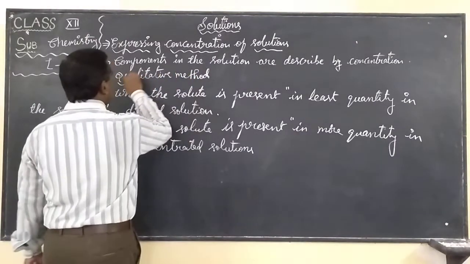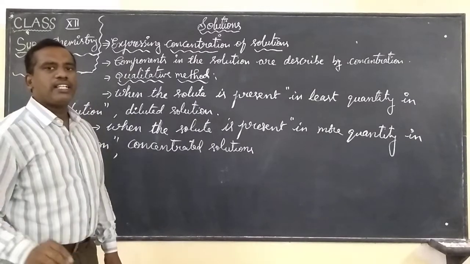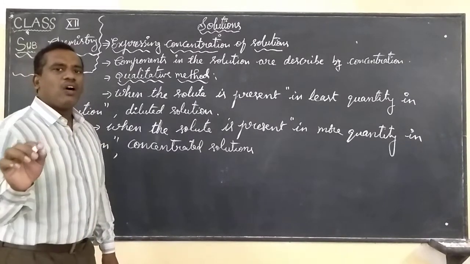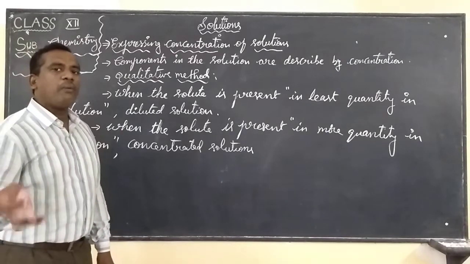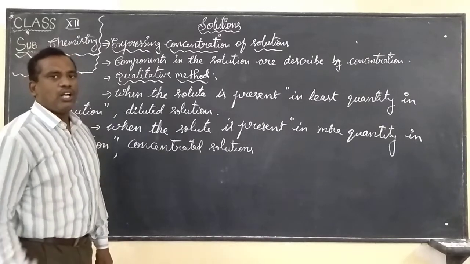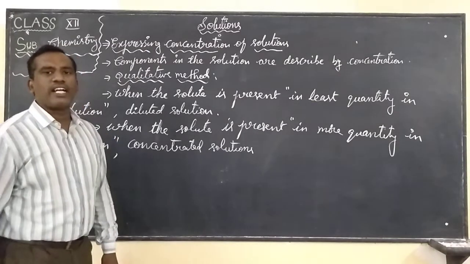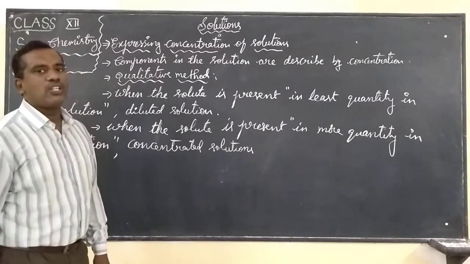We had already discussed it in the first year. The qualitative method explains what is present in the solution, but it will not give how much of the substance is present in the solution.